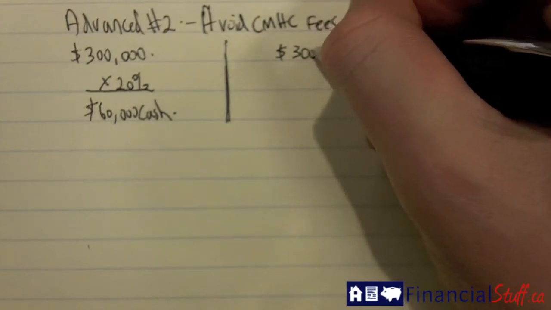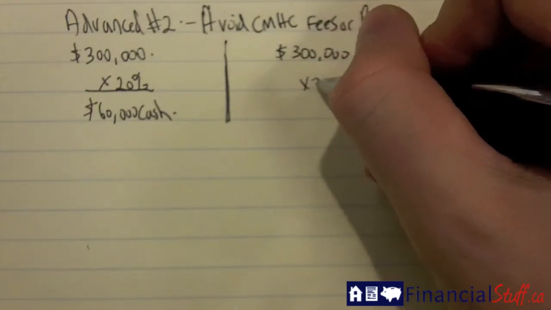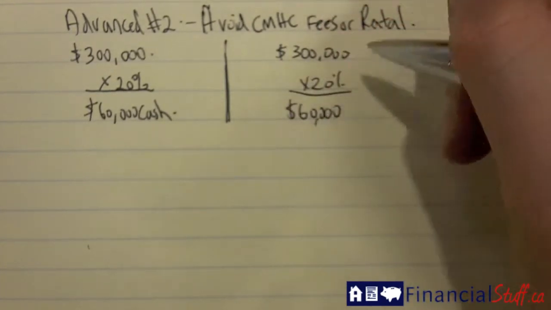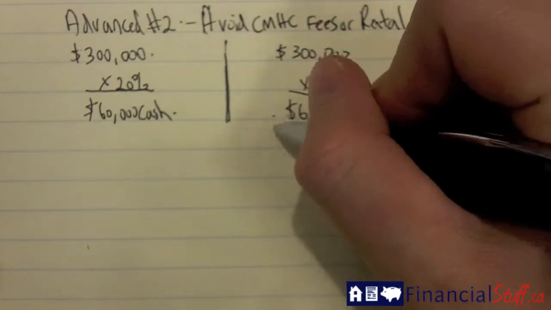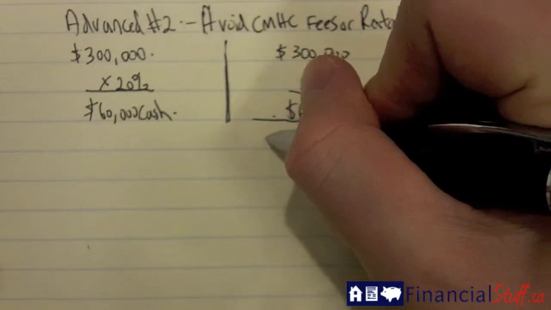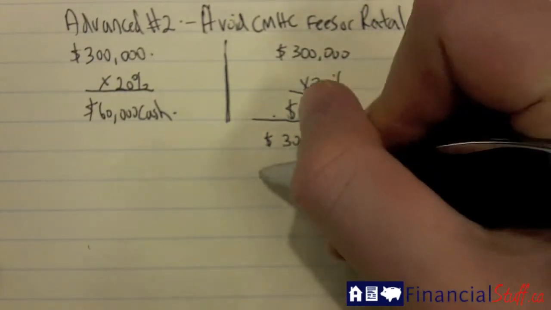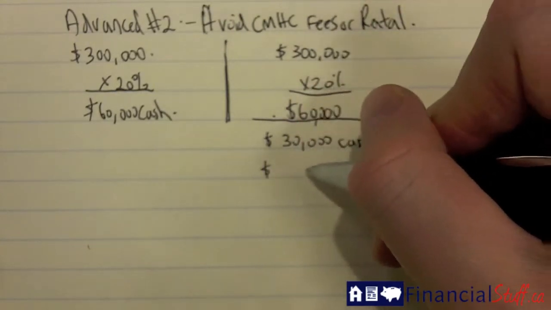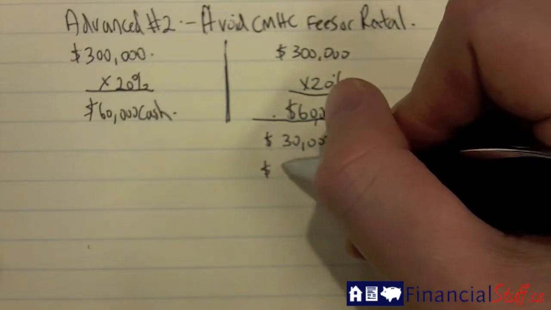So you have a $300,000 property. You still have to come up with a 20% down, or $60,000. The question is, how much of that is required to be in cash? If you were to break that down, 30,000 or 10% would be cash, and the other 10% or 30,000 can be looked at as a second mortgage that you owe to the seller of the property.